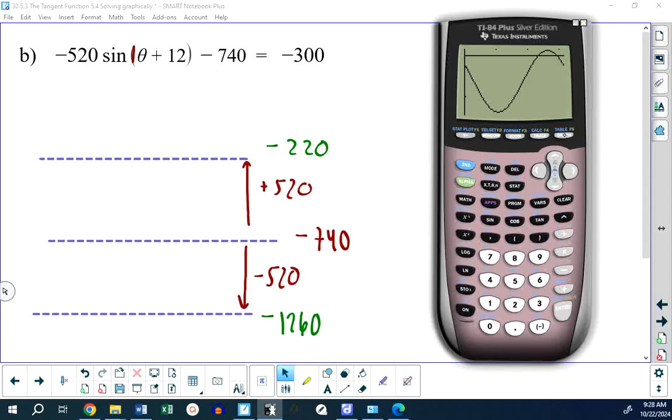So we'll find those two x-intercepts. 4.72 and, do that again.